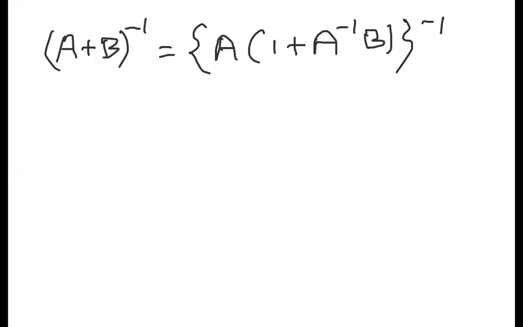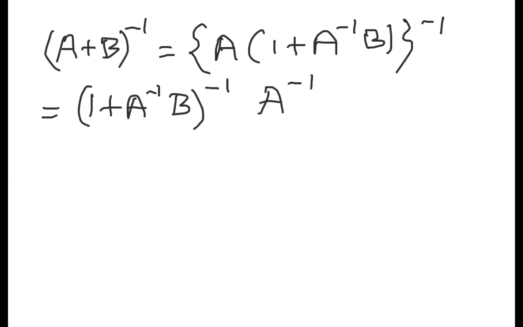So far it's okay, right? Because A plus B is A times 1 plus A inverse B. Now, the inverse of the product of two matrices is the product of their inverses, but in the opposite order. So this is 1 plus A inverse B inverse times A inverse.